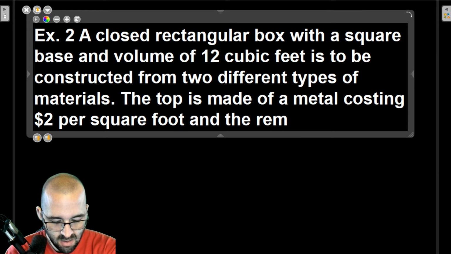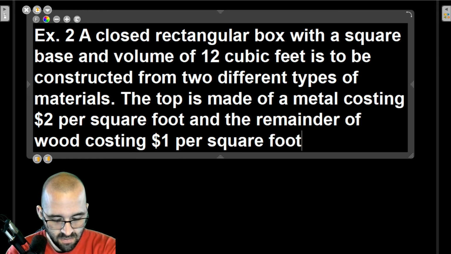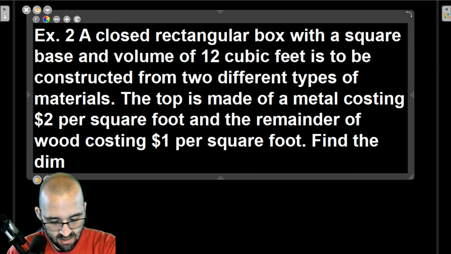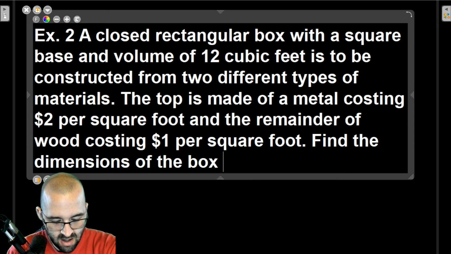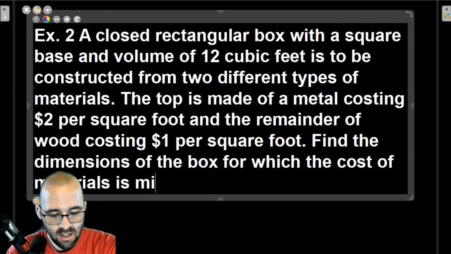And the rest of the box is wood, which costs $1 per square foot. The question is, find the dimensions of the box for which the cost of materials is minimized.